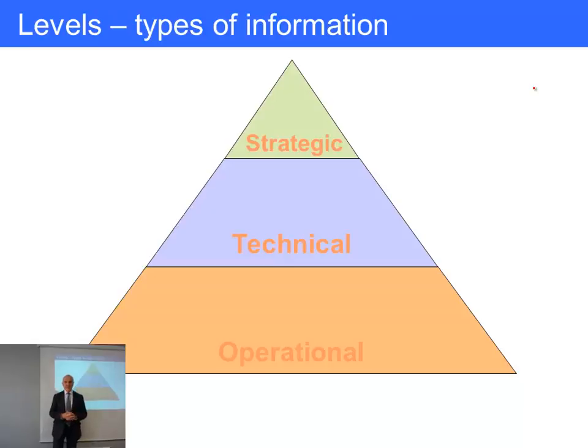Levels of information follow really the levels of management, which we've got here: strategic, tactical and operational. The type of information differs here, so we just put down the main characteristics of the top and the bottom. If we look at the strategic information, this is often highly summarized.